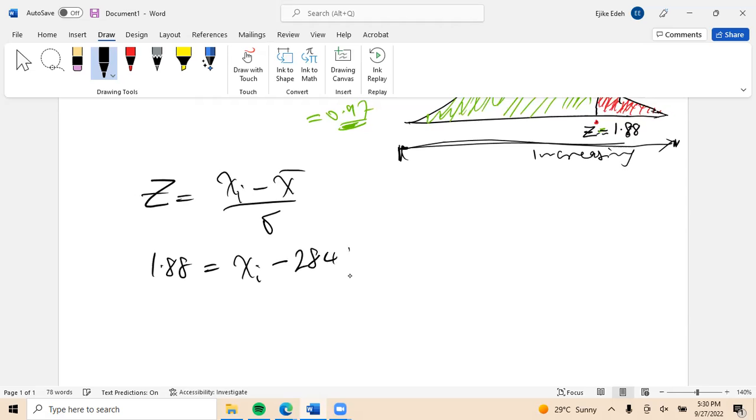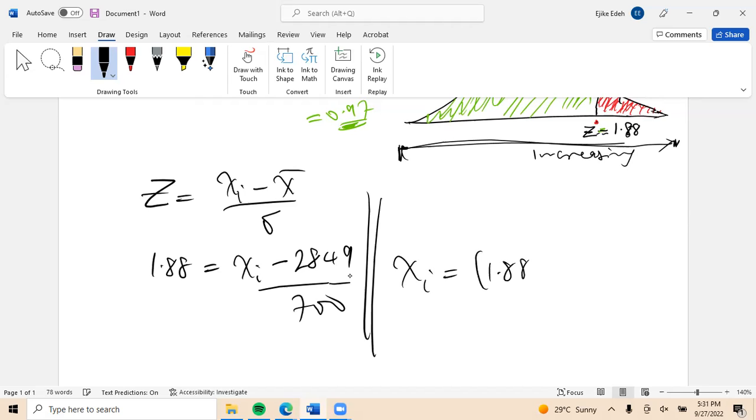So if you work this out the way we've been doing, x will be 1.88 times 700, plus 2849. I have a calculator here somewhere. I'll pick it up and make sure I have an actual final answer. Okay, there it is.